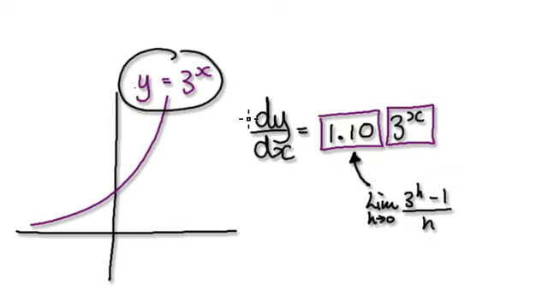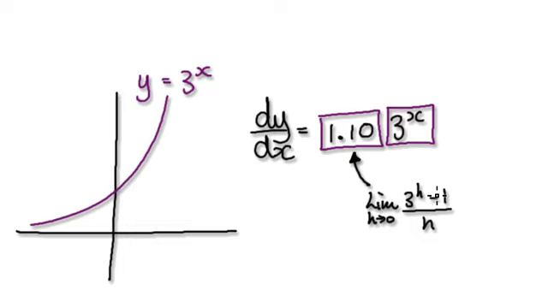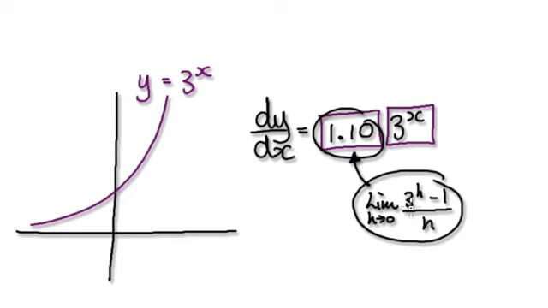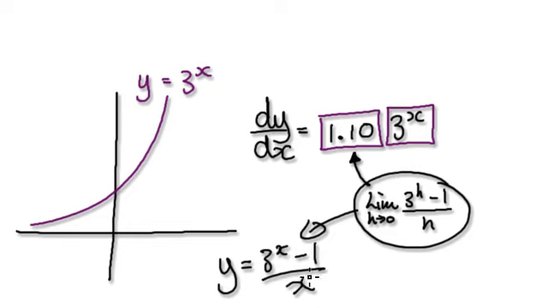So, starting out with this, differentiate it, it will give you a number that you don't know, but this number that you don't know really is the gradient at x equals 0. And again, in one of the earlier videos, we showed that this number is roughly 1.10 because we translated this thing into a graph problem, y equals 3 to the power of x minus 1, over x, and then plotted the graph, and then got x to move towards 0.